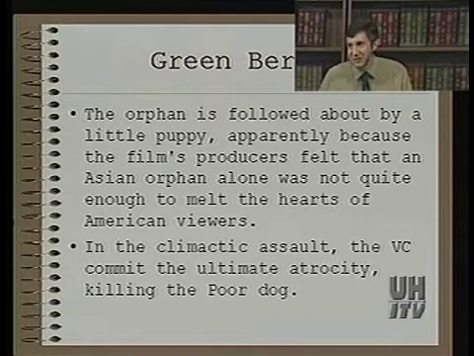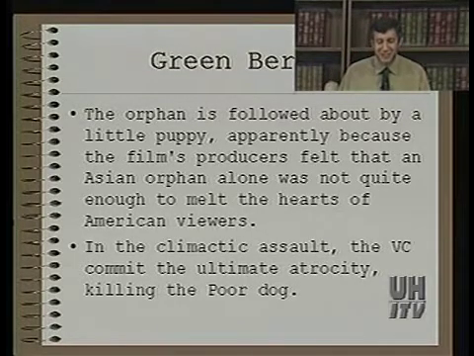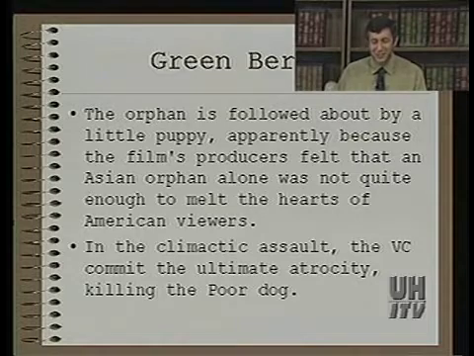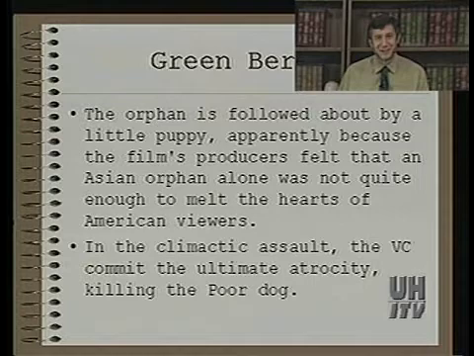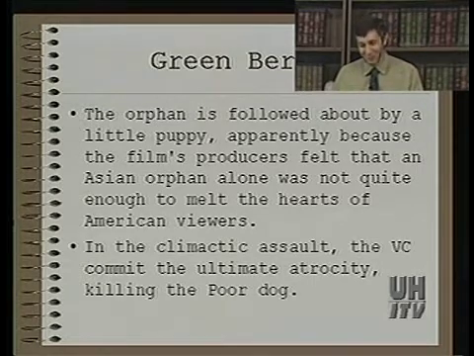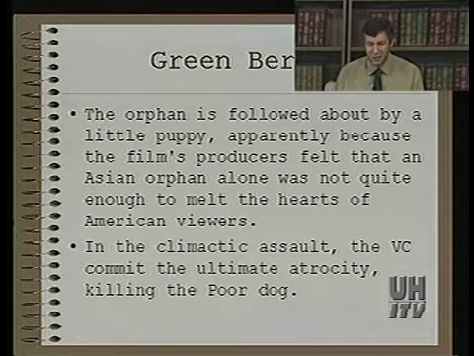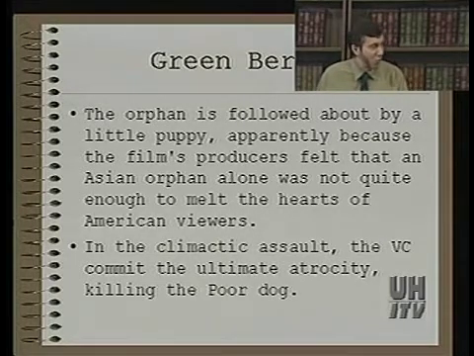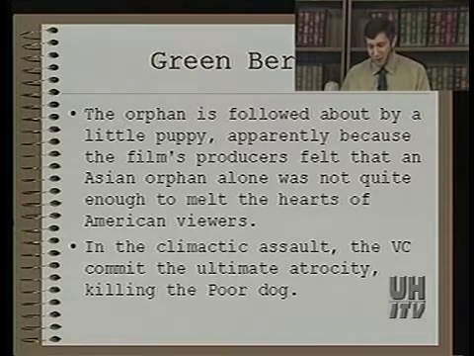The orphan is followed along by a little puppy, apparently because the filmmakers felt that an Asian orphan alone would not be enough to melt the hearts of the audience. And of course, in the climactic scene, the Viet Cong commit the ultimate atrocity when they murder the poor dog.